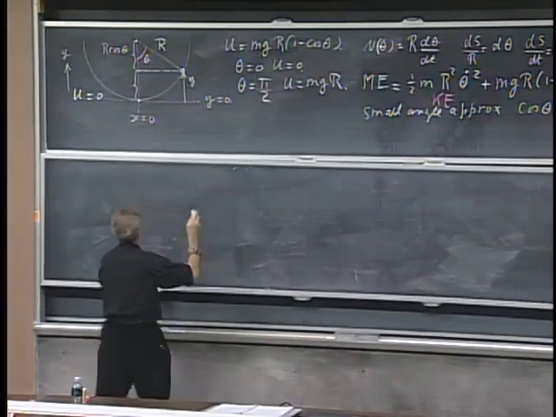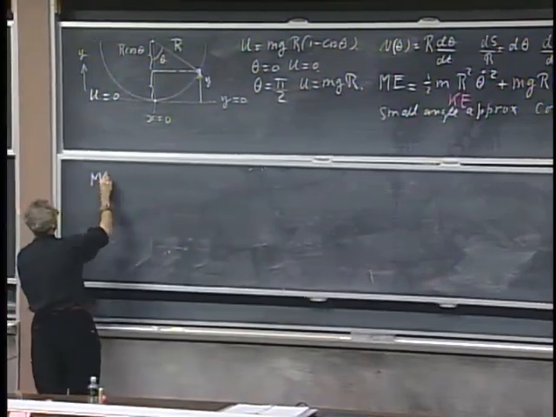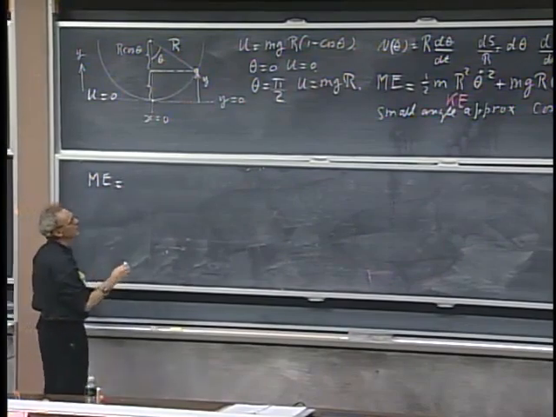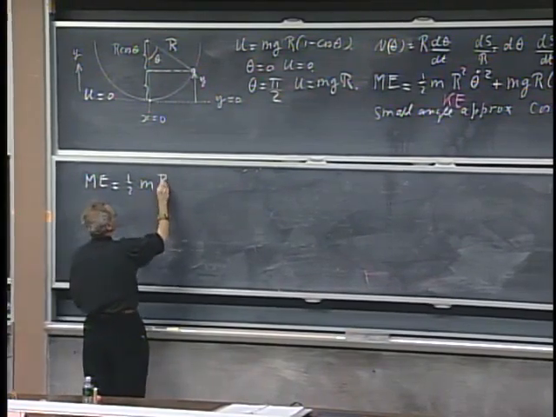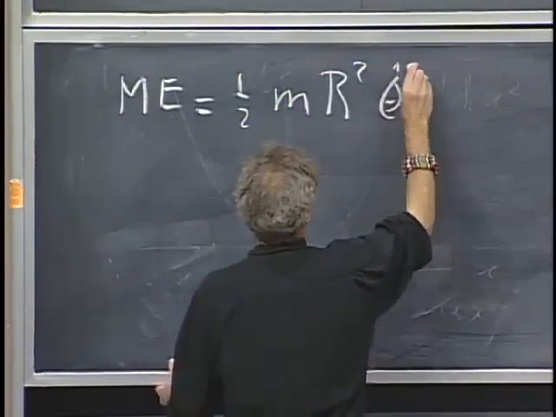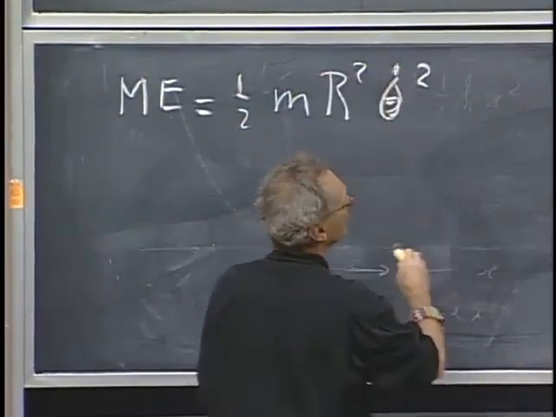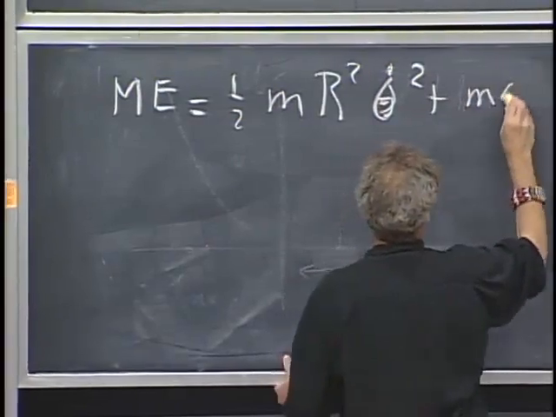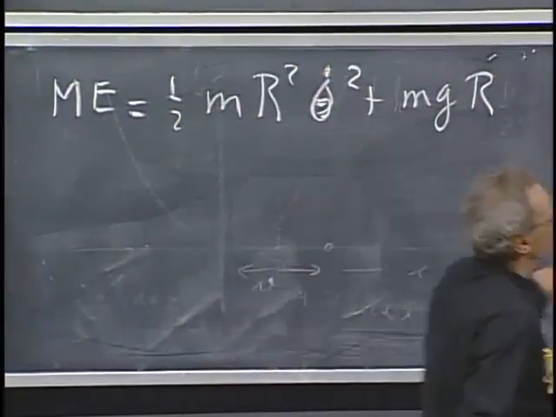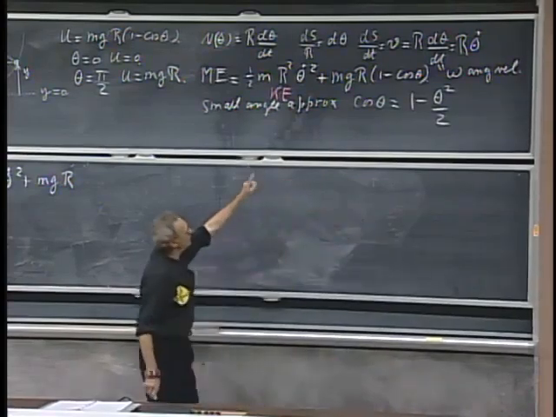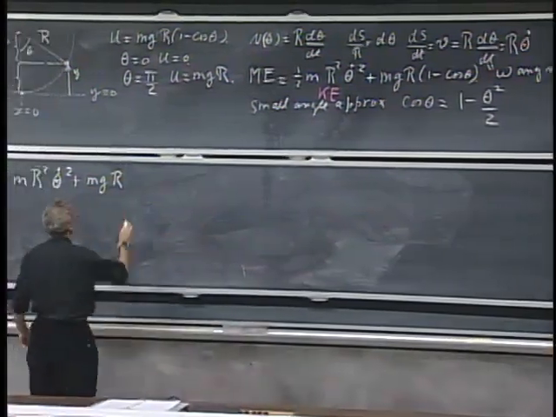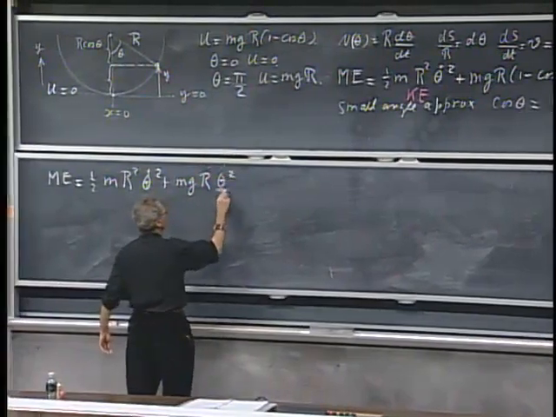So we're going to get that the mechanical energy, which is not changing, equals 1/2 m r squared theta dot squared plus mgr times cosine squared, which becomes 1 minus theta squared over 2. So we have a minus times minus becomes plus. So I get simply theta squared over 2.